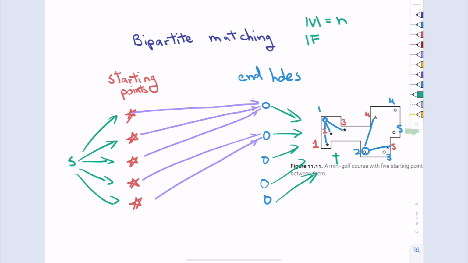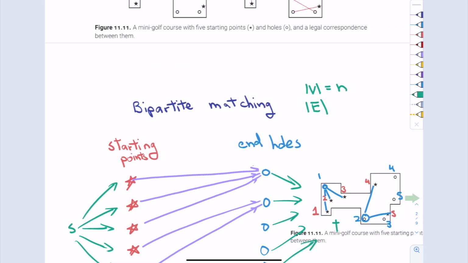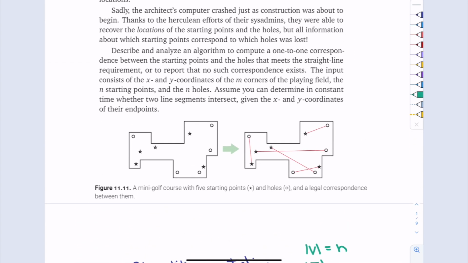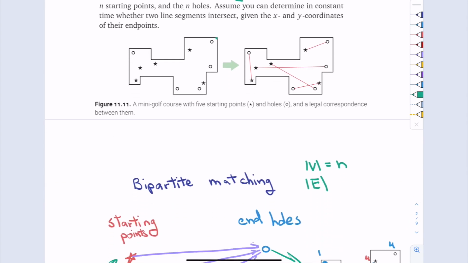Now, one thing maybe not clear is how many edges there are in the graph. Okay, so how would you evaluate the number of edges? Or you want to upper bound it? So mn. I think m is the number of corners of the playing field. So okay, so n squared.